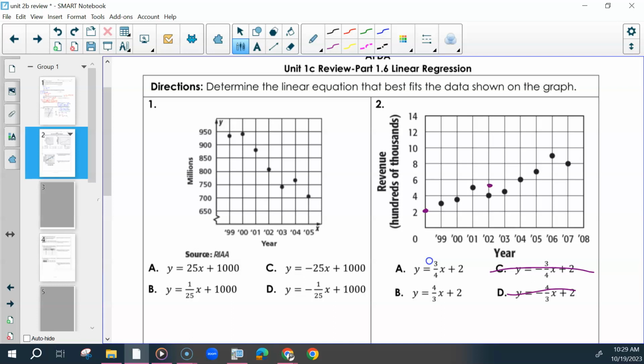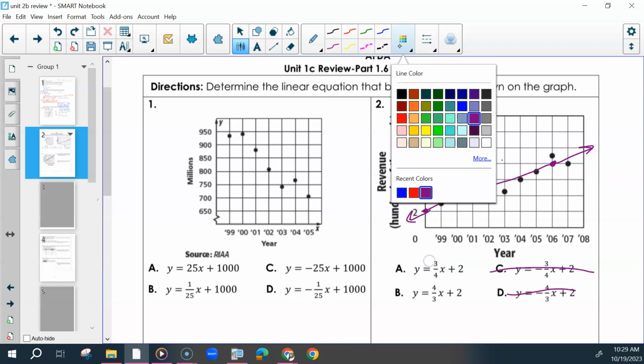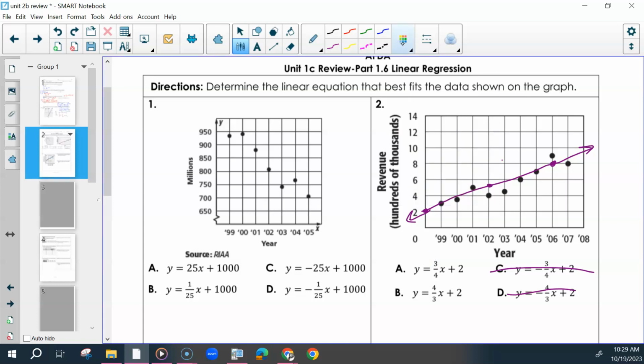It will look something like this. You're going up 2 and then up 1 more in the middle because of the graph. This would be the 3/4 one. It's kind of surrounding it. And then this would be the 4/3.